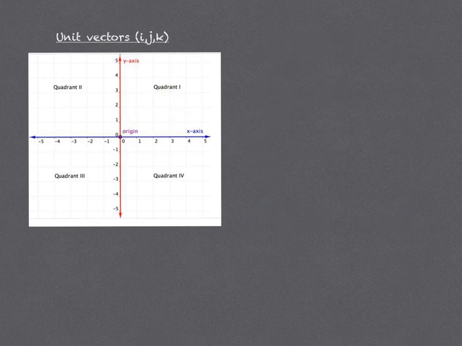So if I listed a different vector, vector B, in unit vector notation as negative 1 i plus 3 j. Where that point would be on our x and y axis is we would go over in the x, negative 1, and go up 3.